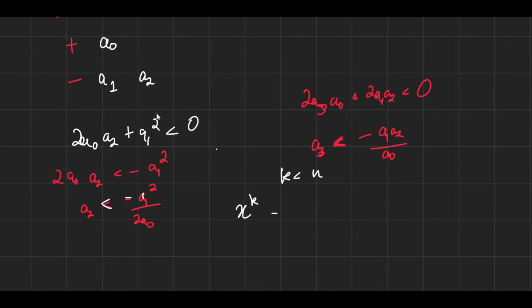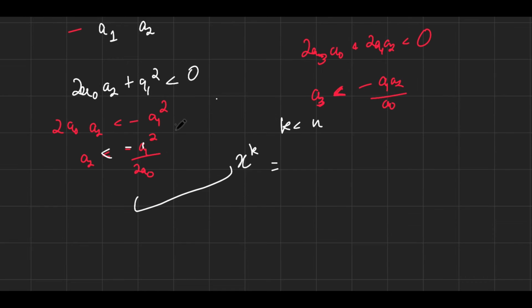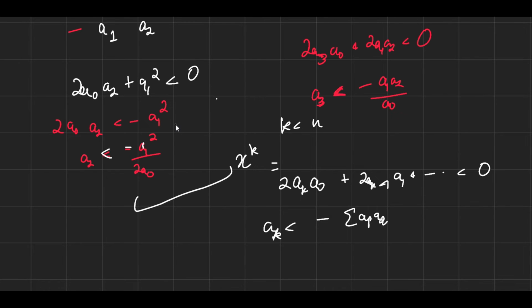And going on in this way, I get that for x to the k, where k is less than n, supposing that I made all the other coefficients up to k minus 1 negative, xk has this in its expansion, with some a_(k-1) a1 and some other stuff, and that's less than 0. I need to now show that ak satisfies some inequality of the sums of ap aq over 2a0.